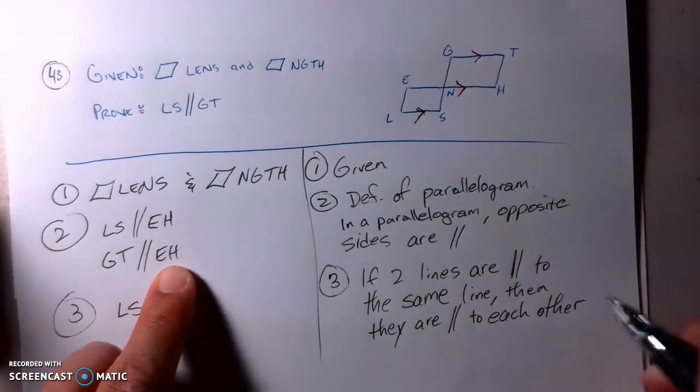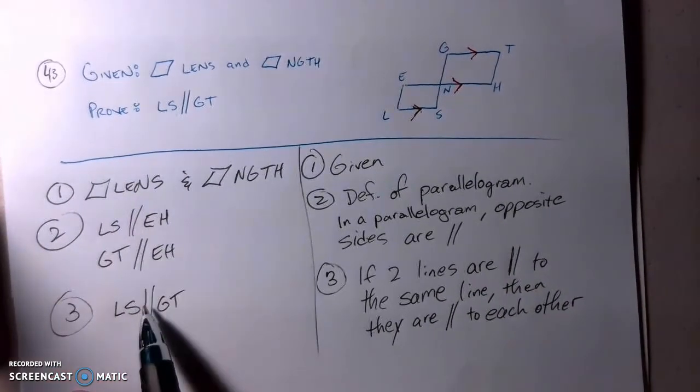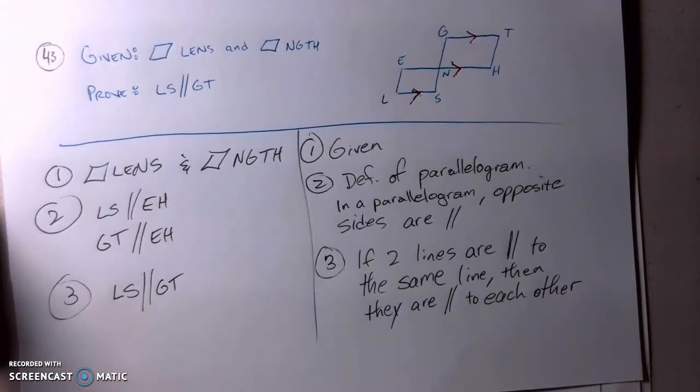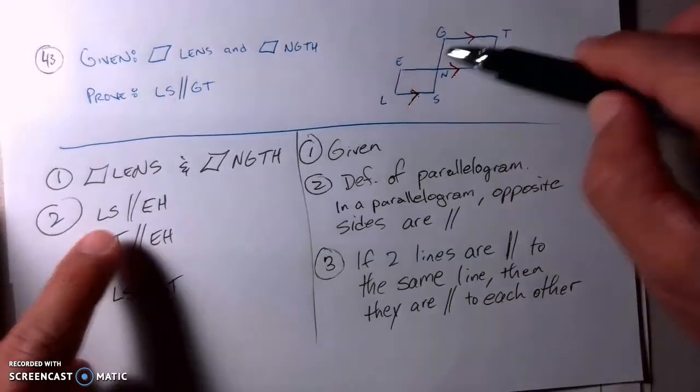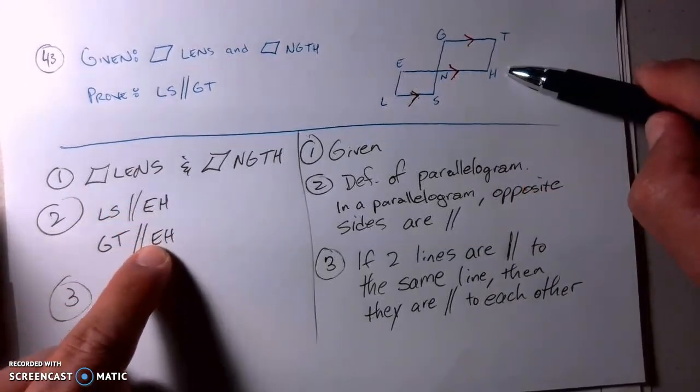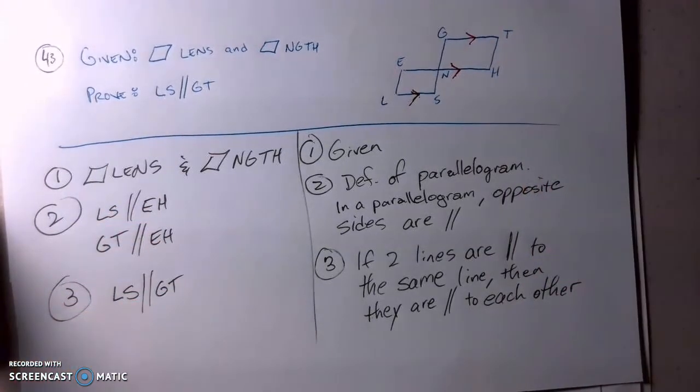Now this could have been a substitution if these were all equal signs. But because it's not an equal sign and they have parallel signs, we're just going to spell out what we're thinking. The bottom and the top are parallel to the middle, EH, therefore they are parallel to each other.